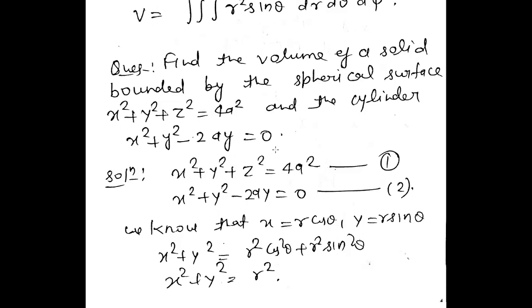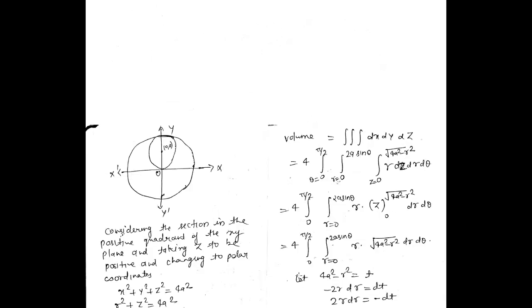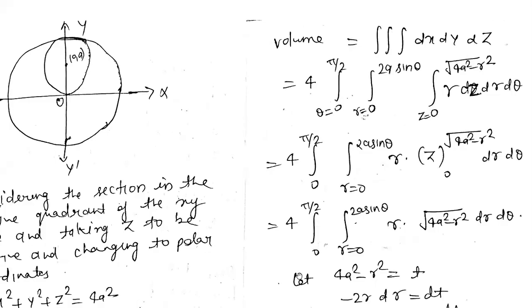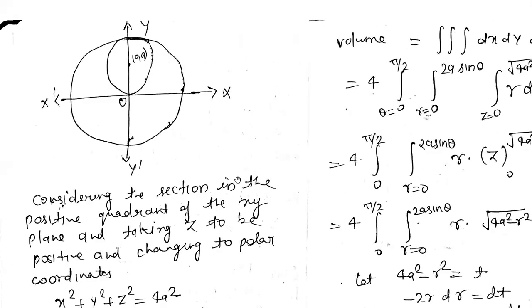Now we have our function, but we don't have the limits here. So let's calculate the limits. We know that x is equal to r cos theta, y is equal to r sin theta, so x square plus y square you can write as r square. Now to calculate the limits: here you can see this is your x axis, this is your y axis, and this is the circle x square plus y square is equal to r square.